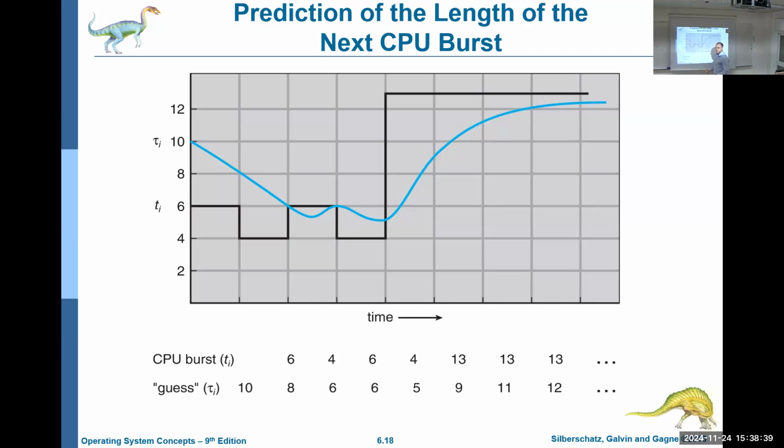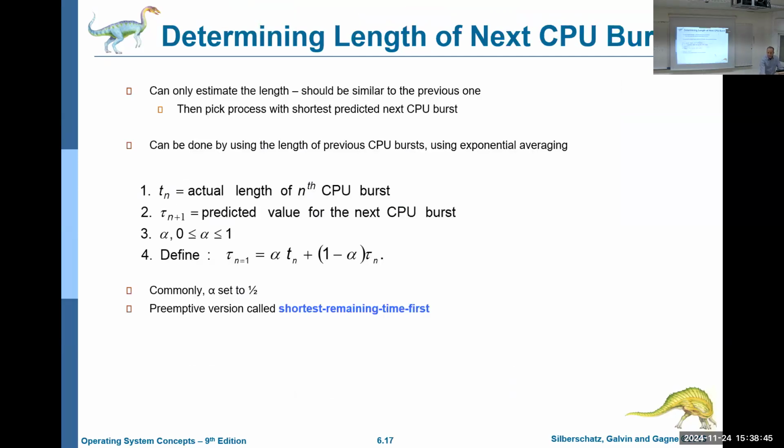What? Who decides the alpha? The designer of the operating system. You could change it from day to day, but you couldn't change it from program to program. You'll run 1,000 test programs, and you'll change the alpha, and you'll see which version of alpha gave you the best results on your 1,000 test runs.